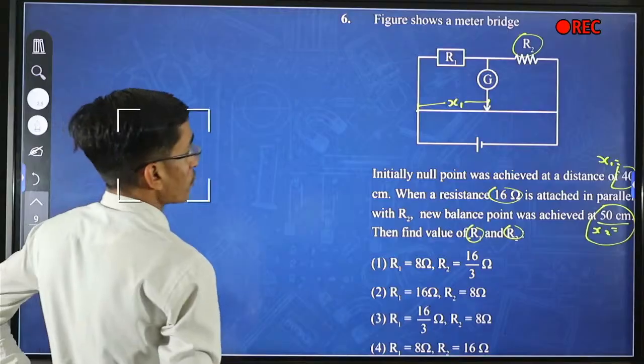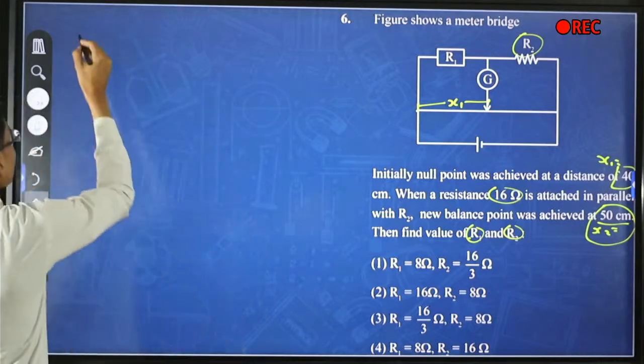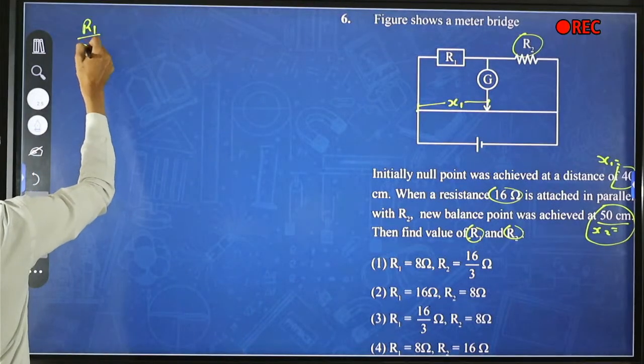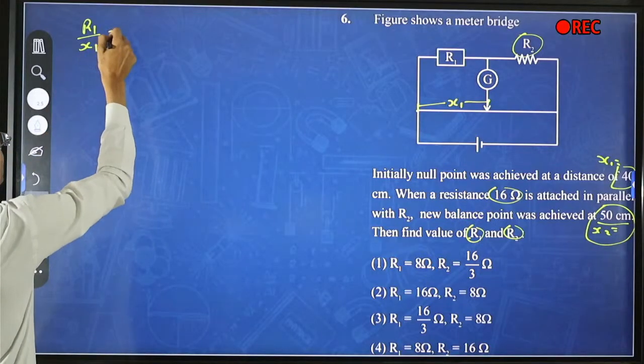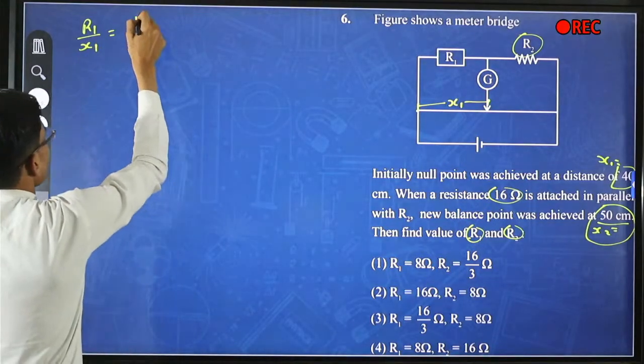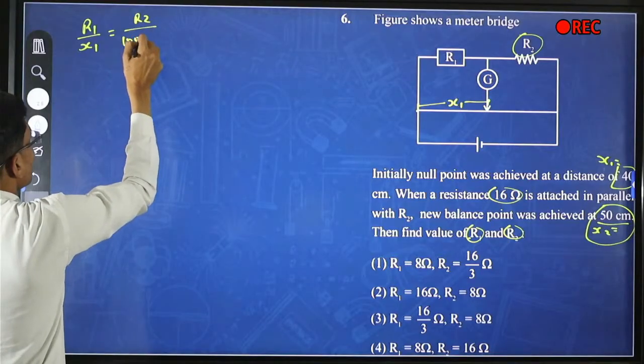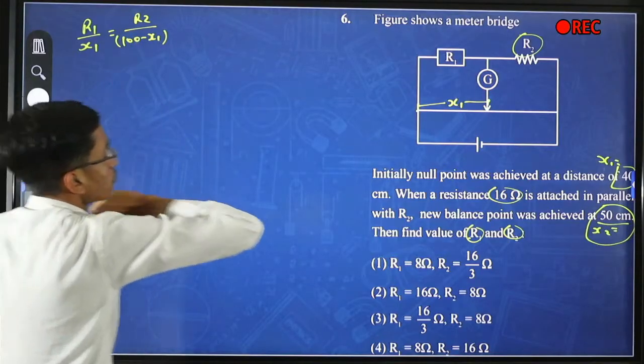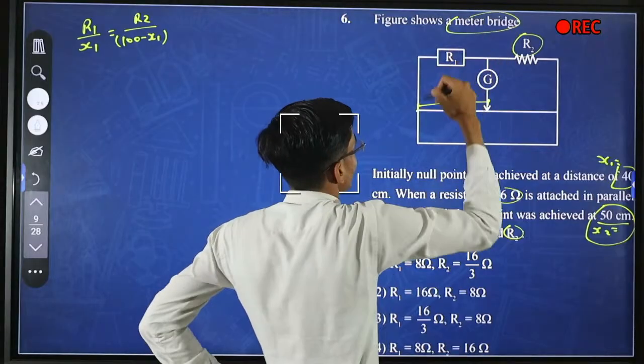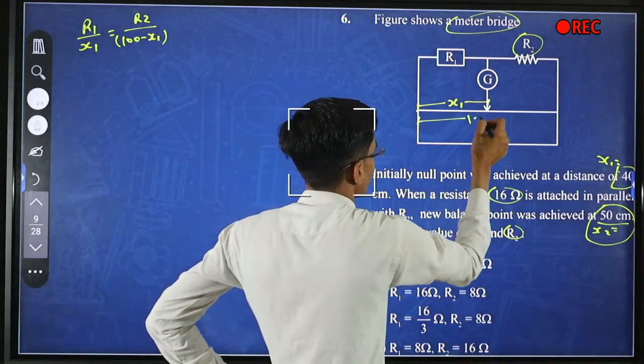So we know that in the balancing condition we can write R1 by x1 is equal to R2 by 100 minus x1, because the length of the meter bridge wire is 1 meter or 100 centimeter.